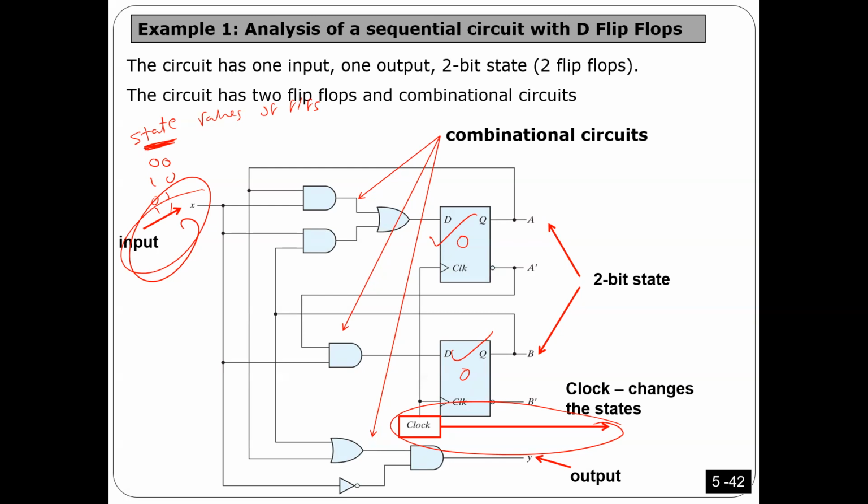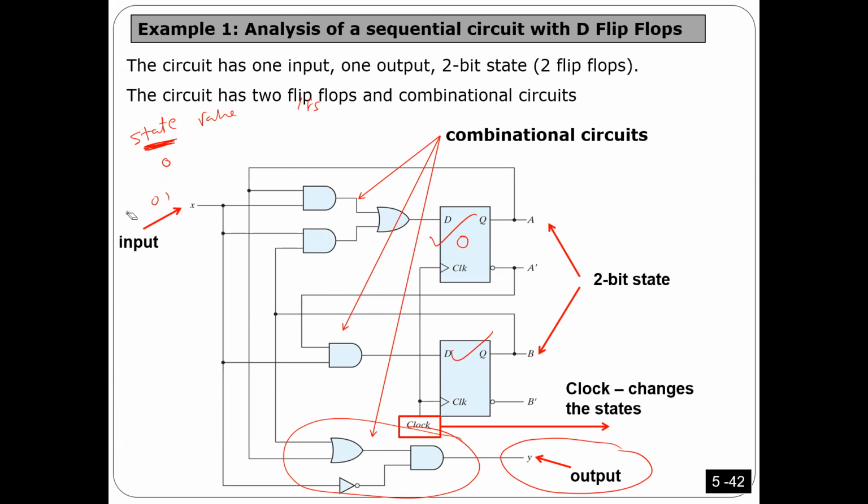Also, sometimes we have input, like the input here. This input can be 0 or 1. And sometimes we have output. As you see here, this output is taken from a combinational circuit. This combinational circuit takes values, for example from x.